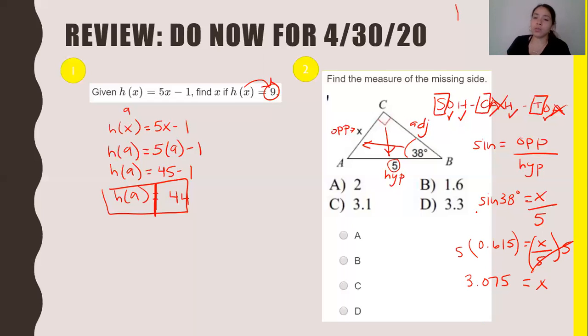Now the thing with this one is, look at the answers and notice that none of them are exactly that. So this is where you're gonna use a skill that hopefully you've had some practice with, which is rounding. We look at the number, they want us to look at the tenths place. The 7 tells me what to do.